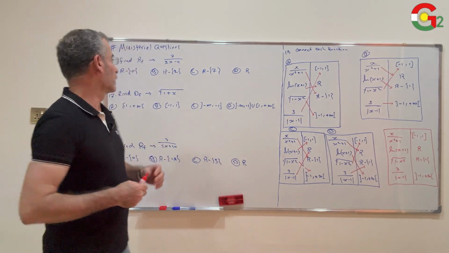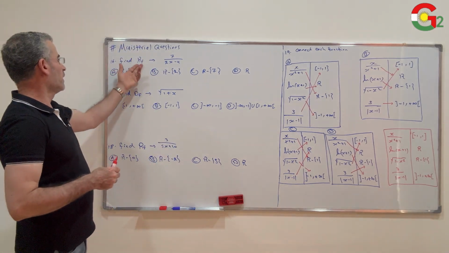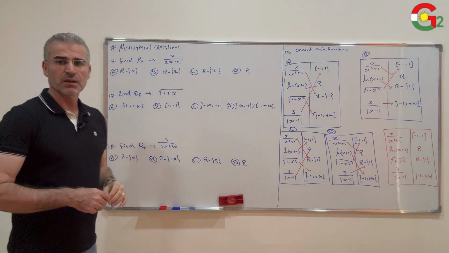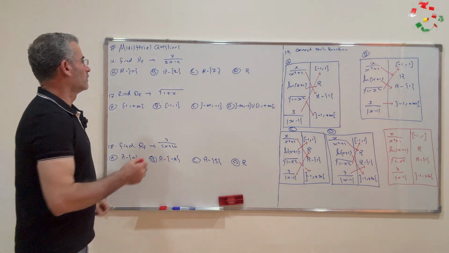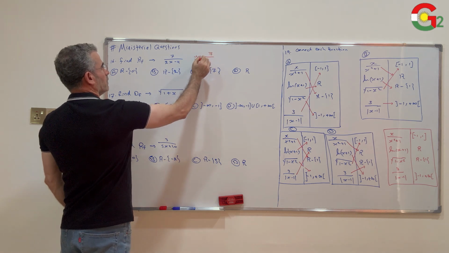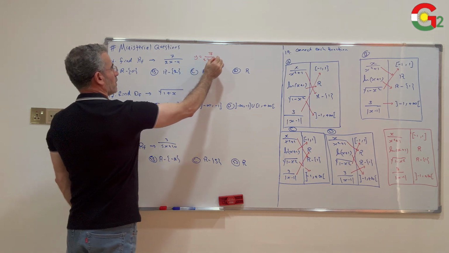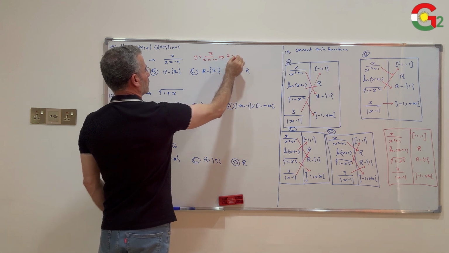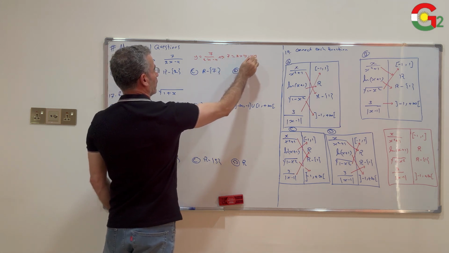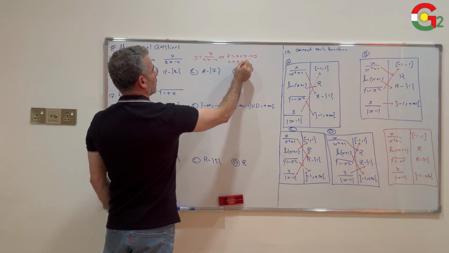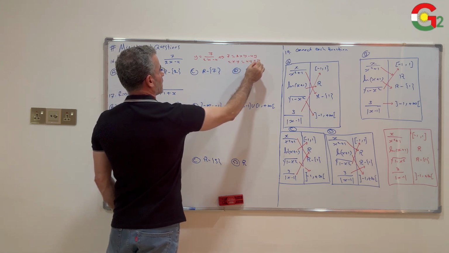Question number 16. Find the range of the function 7 over 2x minus 4. To find the range, set y equal to 7 over 2x minus 4 and solve for x. Then 7 equals 2xy minus 4y. Then 2xy equals 4y plus 7.